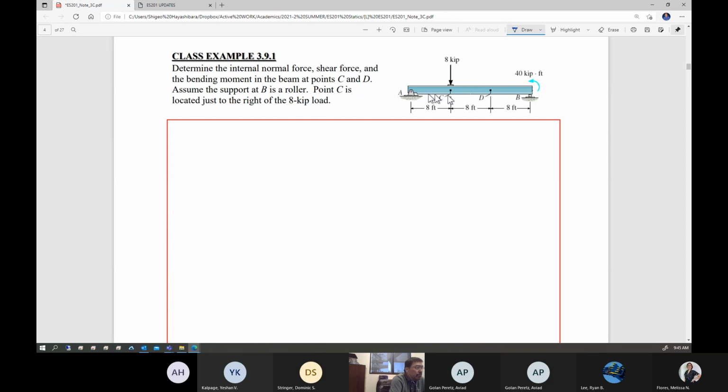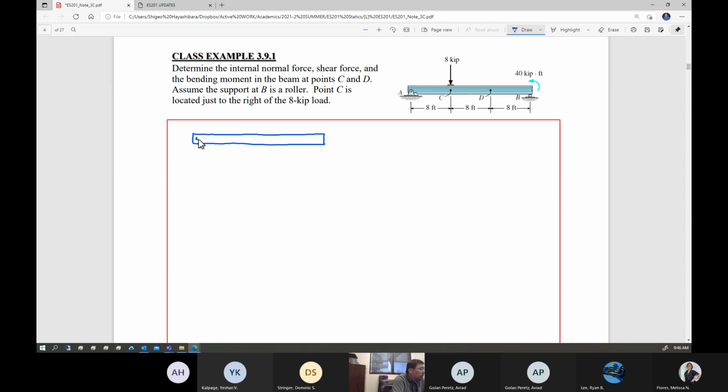By taking the entire free body diagram and applying 3 equations of equilibrium, you can determine the support reaction forces A and B. So let's begin with the free body diagram of the entire thing. This is a beam.